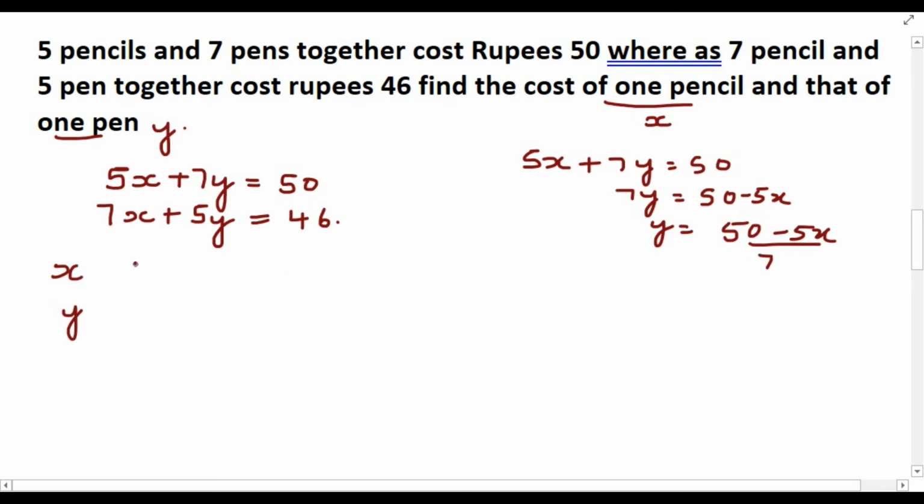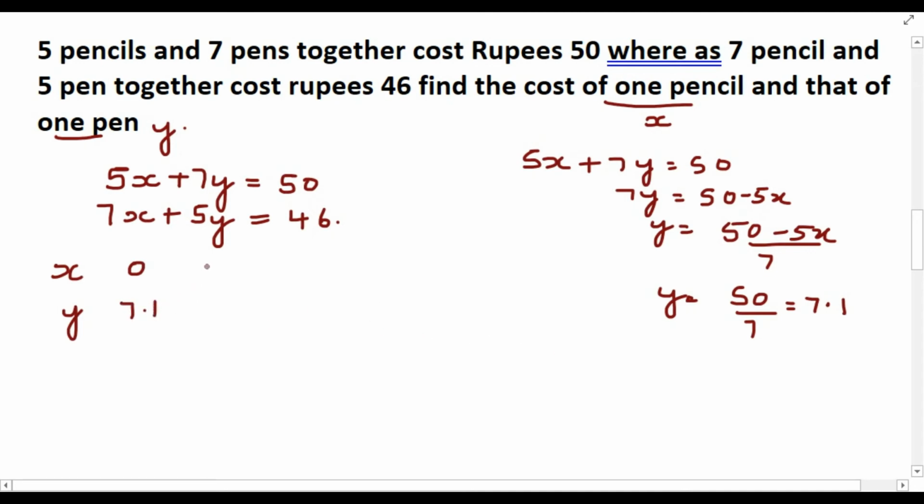Now if I give X as 0, what will be the value of Y? 50 minus 5 into 0 is 0. So 50 by 7, which is equal to 7.1. So when X is 0, Y will be 7.1.